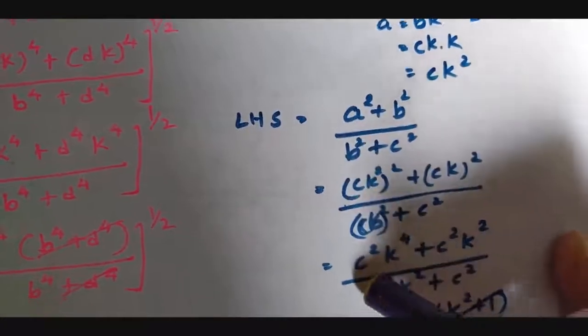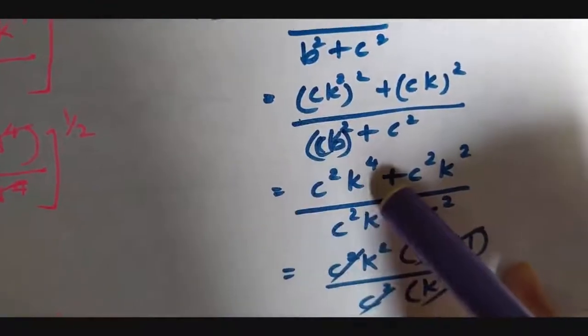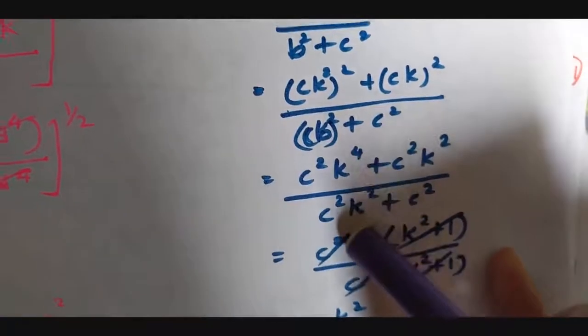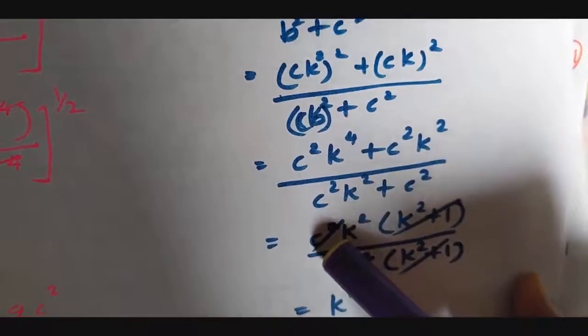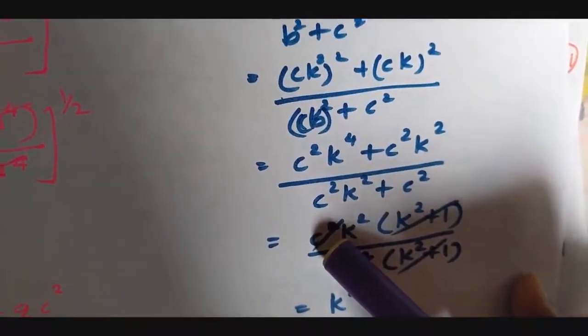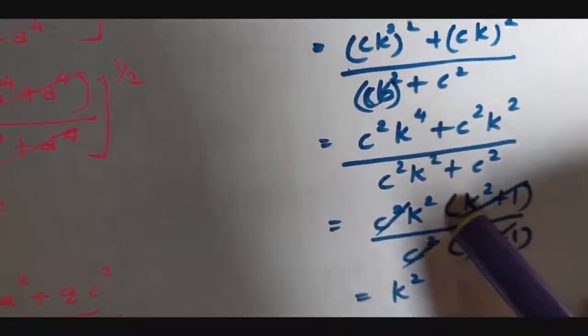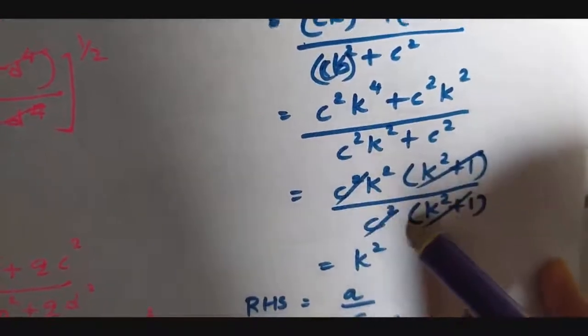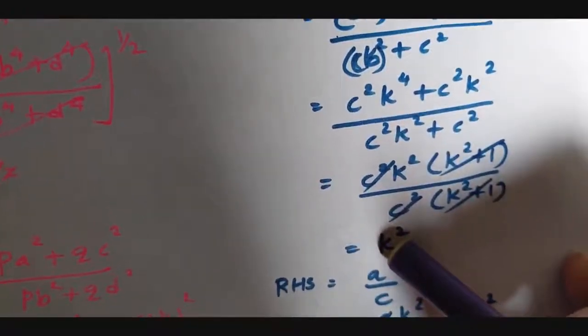Now taking separate squares, c^2 k^4 plus c^2 k^2 upon c^2 k^2 plus c^2. Now see what is common in the numerator, c^2 and k^2, that is taken common, so we get k^2 plus 1 in the bracket. Here in the denominator we have c^2 common, take common and then write the bracket. The bracket cancelled out, c^2 also cancelled. We have k^2 left.